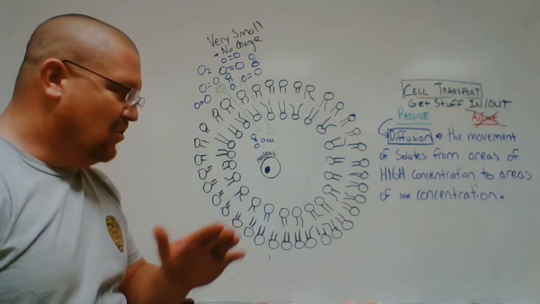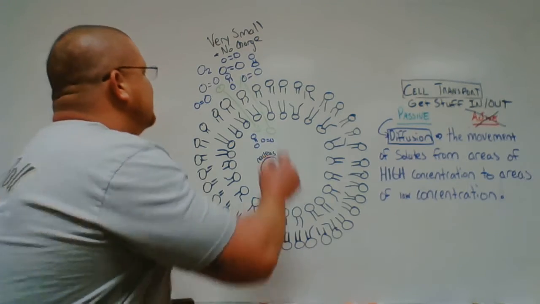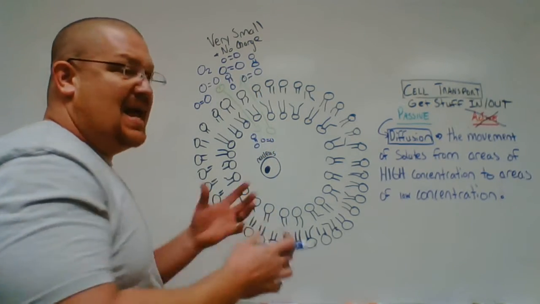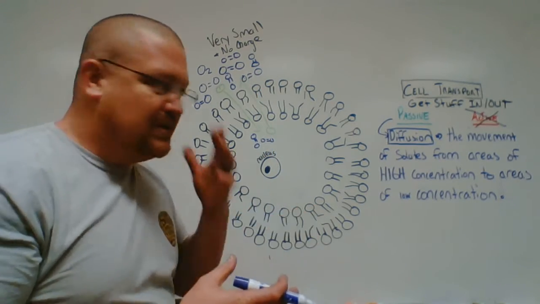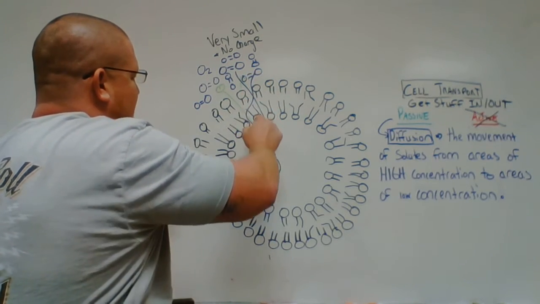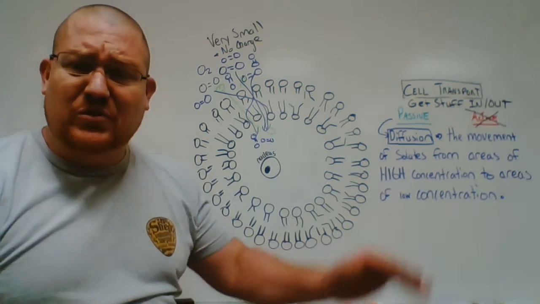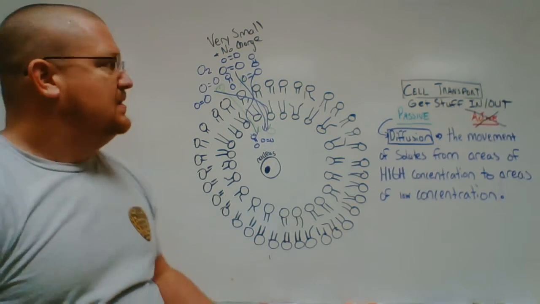So things are going to move from high to low. Water is going to run downhill. Right? So this would balance out to reach an equilibrium point. The oxygen is going to flow through here, it's going to diffuse through, right?